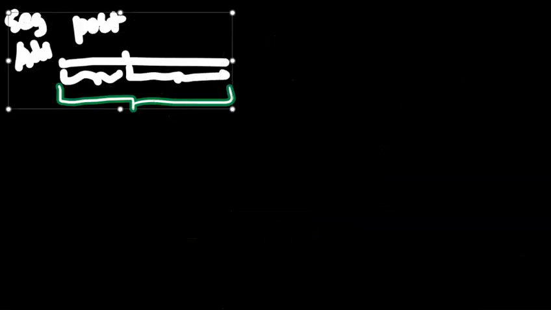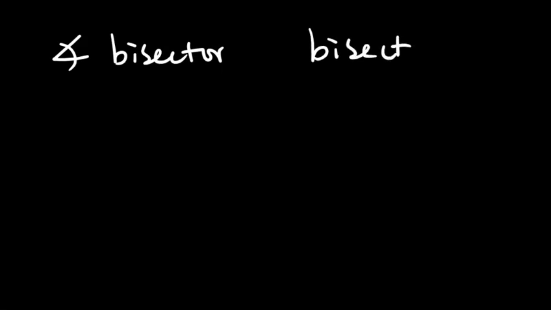Let's erase this. Now, I'm going to introduce a new concept called angle bisector. And when we learn English, we know what bisect is. Bisect is cut in half. Now, here is the same thing, okay? All right, so suppose I have a 90 degree angle. Use your 90 degree symbol.